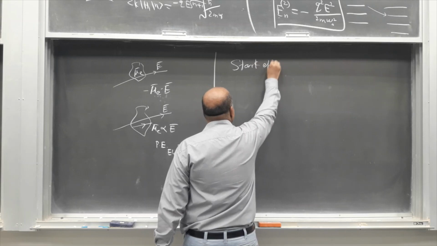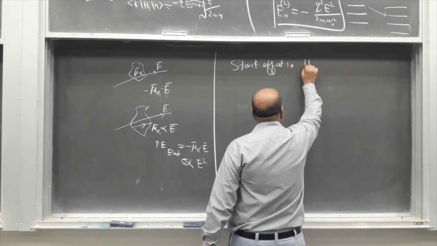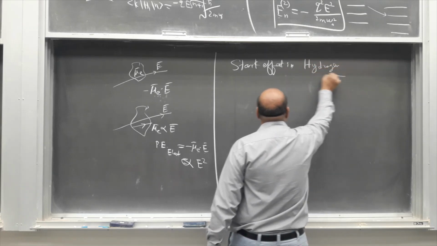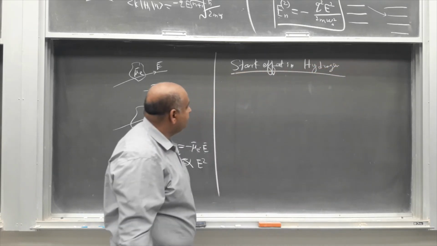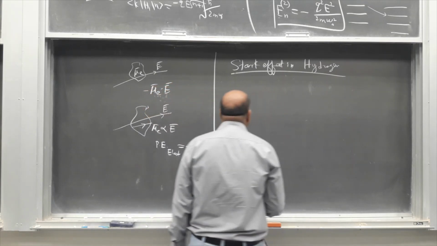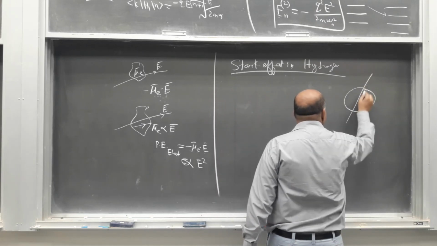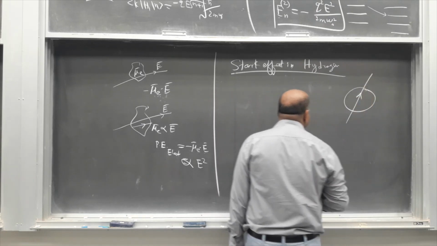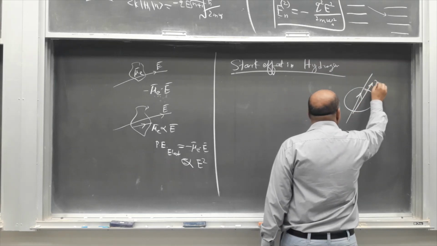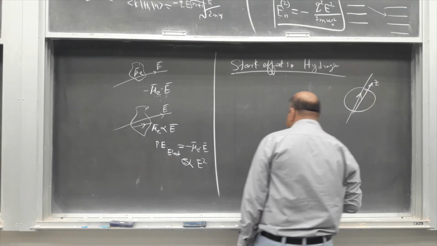Stark effect in hydrogen atoms, or hydrogen-like atoms. So our problem is like this, that we have some atom which is placed in an external electric field, but this time we are going to choose the axis of the electric field as the z-axis.